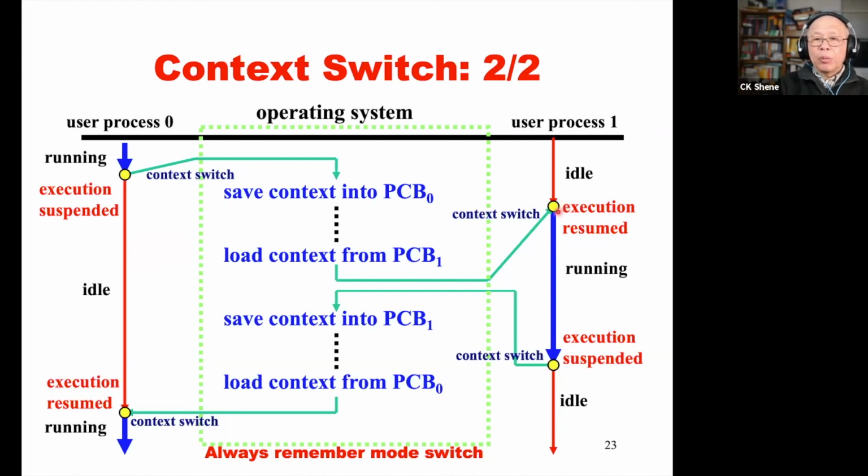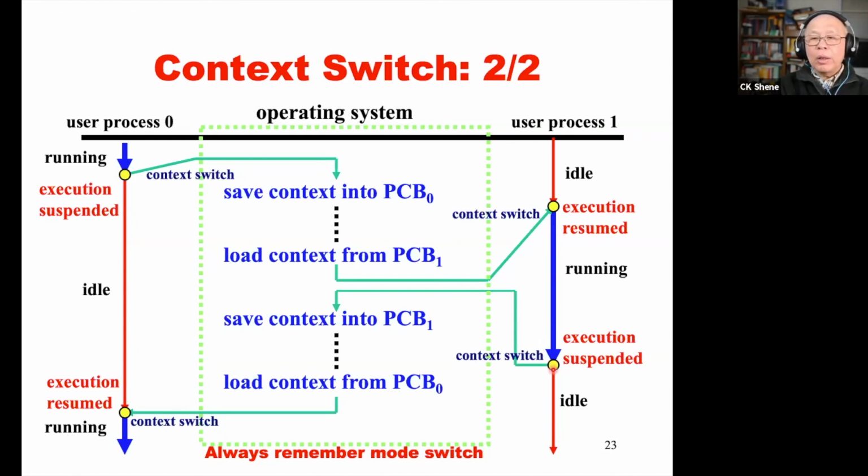Then process 1 starts running. So between this point and this point, the CPU is used by the operating system. While process 1 is running, process 0 is idle, waiting for the CPU or waiting for something else.